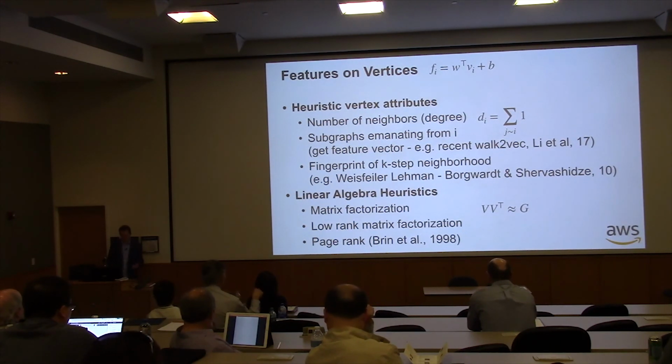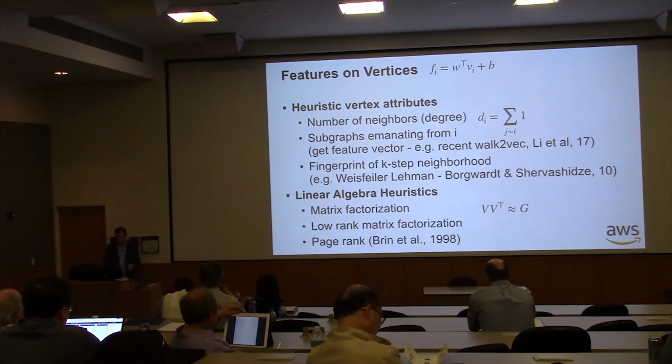It's not uncommon. Maybe I take my graph connectivity matrix and I factorize it, and maybe I take the leading few eigenvectors and I get some idea of what might be in there. Or I use PageRank, and PageRank turned out to be a multi-billion-dollar heuristic, namely the amazing heuristic that led to Google web search.